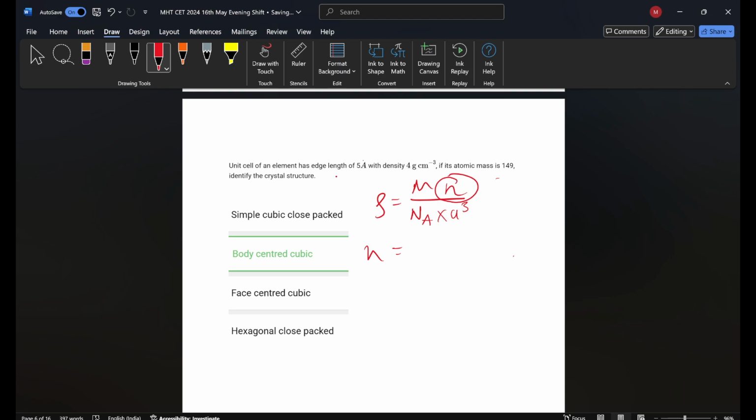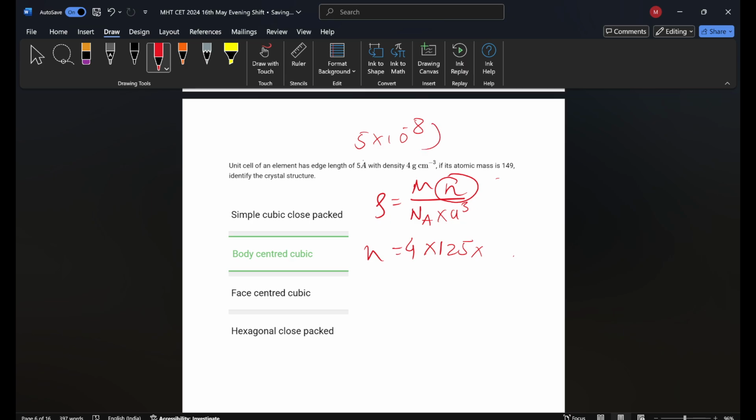So density is given, 4 into a cube. We are supposed to use 5 Armstrong. So 5 cube is 125 into Armstrong, so 10 raised to minus 8. This is 5 into 10 raised to power minus 8.